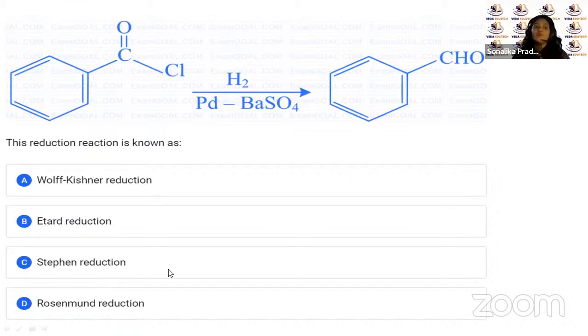I hope you all would have read the question, and let's see what's given here. The question asks what kind of reduction this is. We have an acid chloride here. So let us write down this reaction. This, children, is your benzoyl chloride.